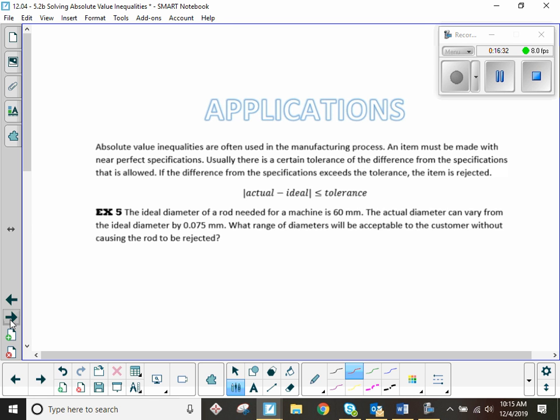So here's what we need to figure out. We're given two numbers, 60 and 0.075. Where do you think in this formula that we're given, notice it has an absolute value, 60 goes in ideal, right? So we're going to plug in 60 right there for the ideal part. Where does the 0.075 go? That's the tolerance. That's what it will accept in either direction. It can be either.